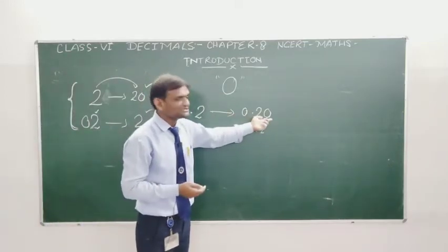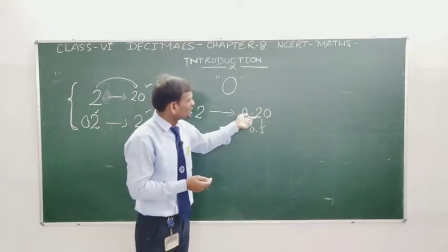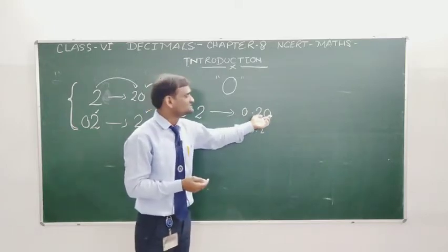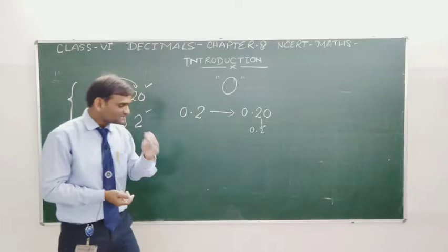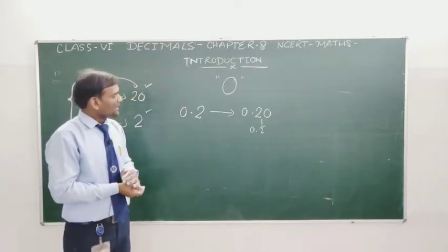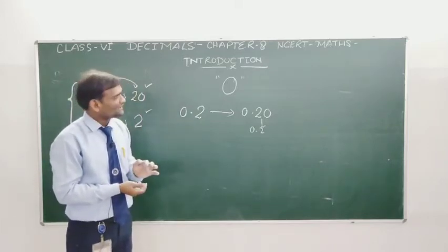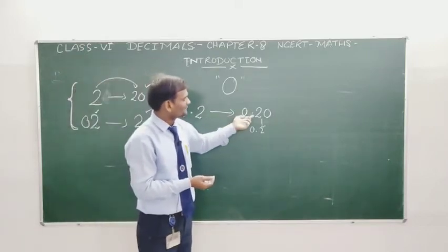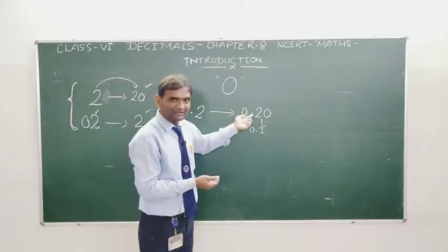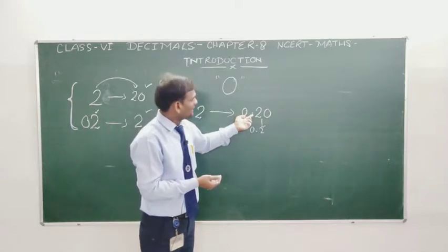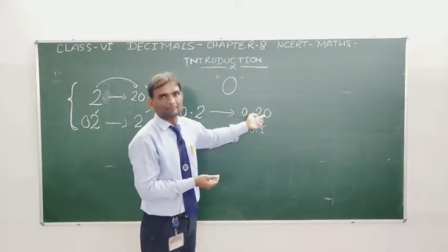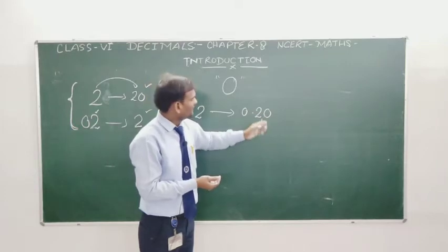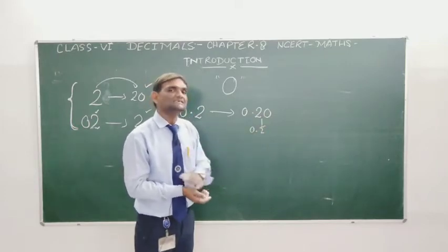If you want to say the 0, then you can say 0.20. 0 means nothing. It means you can say that if we write as many zeros after the decimal point, then the value will not be changed.